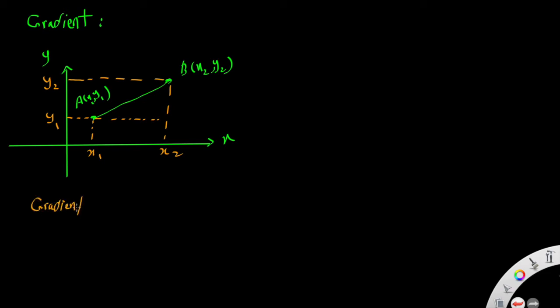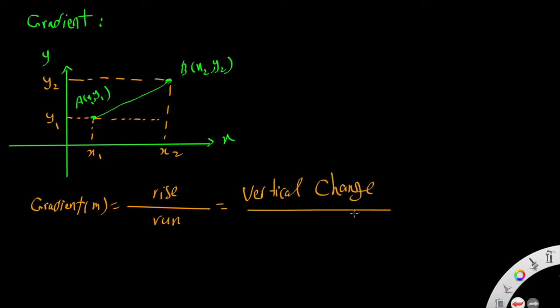which is denoted by m, actually is the ratio of rise over run. If someone is going up this hill, then the ratio of rise over run will be known as gradient, or you can say vertical change, or change in y, over horizontal change.